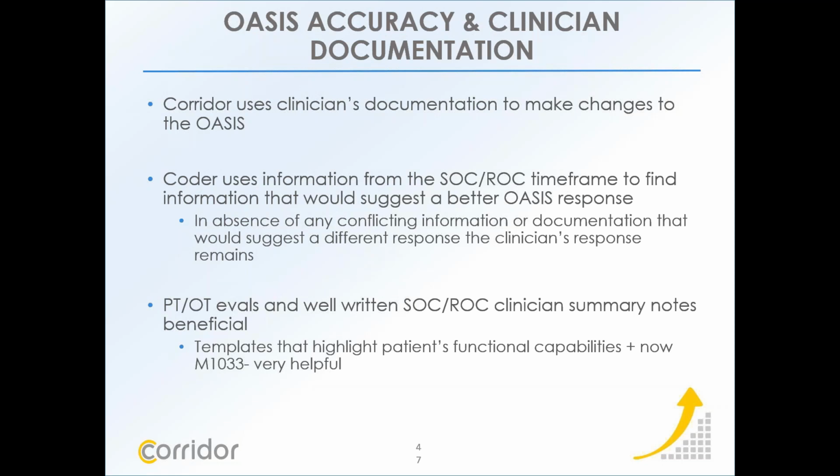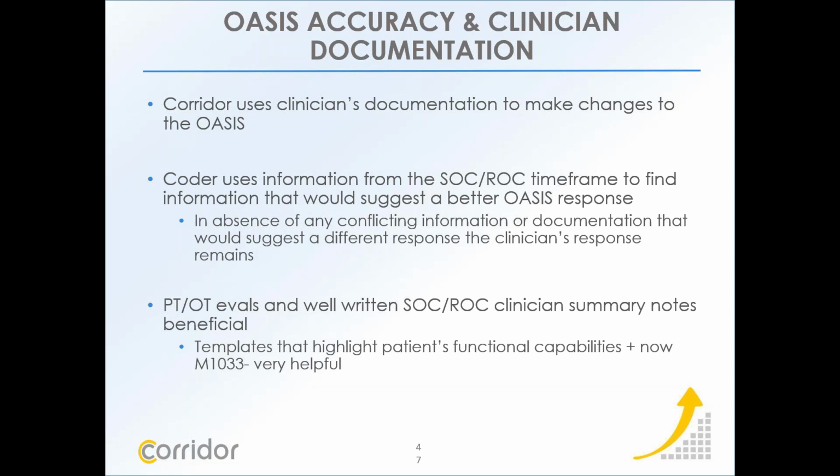Coders will also look at visits within the assessment time frame, especially the PT-OT notes, as these generally will provide information that conflicts with the clinician's OASIS score, and it gives us enough information to suggest a change and build our rationale statements on why we think it should be different.